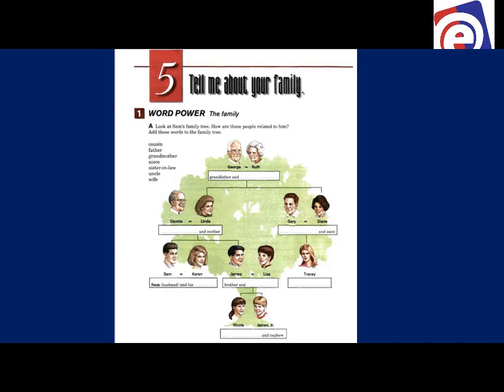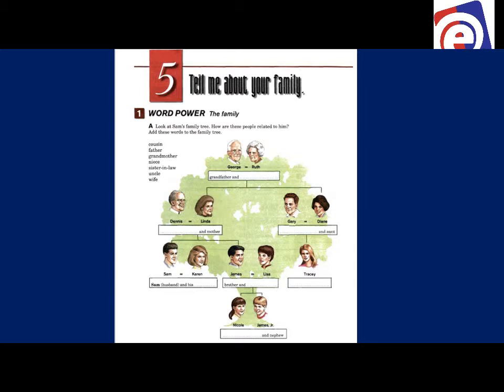But maybe if you have a name for this in Khmer, please send it to me. But you see, this is our family. The grandparents, parents, brothers, sisters, children. We call that the family tree. Okay, so let's look.